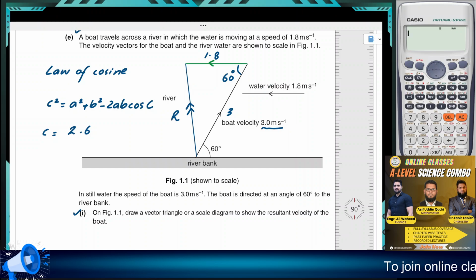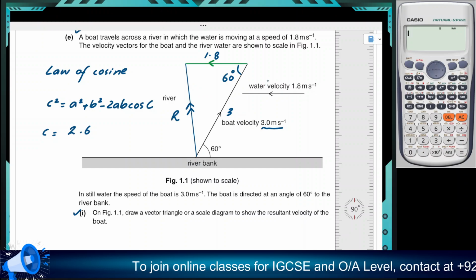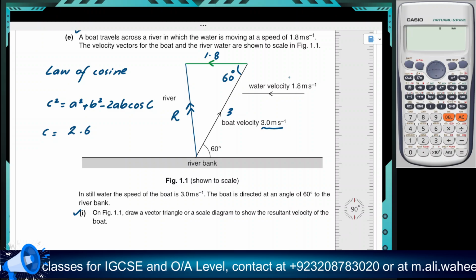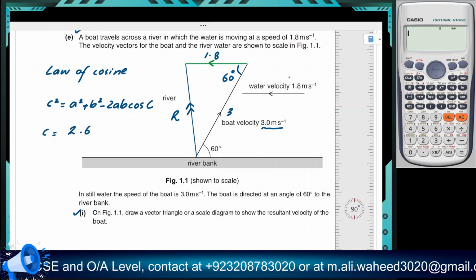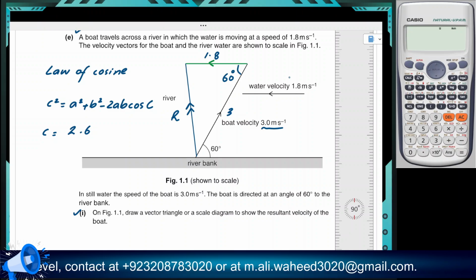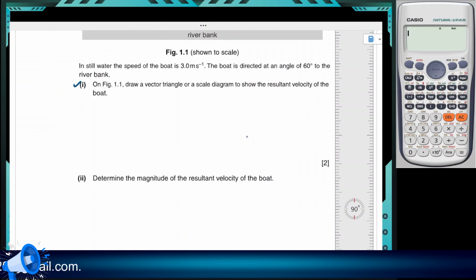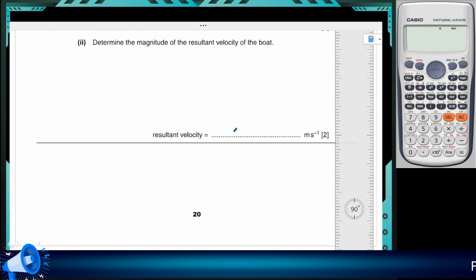But the problem is the water is working against us. The boat is traveling against the direction of the water, so it has to do some extra work to get rid of that velocity of water. And that's why the resultant velocity has been decreased, which in this case is 2.6.